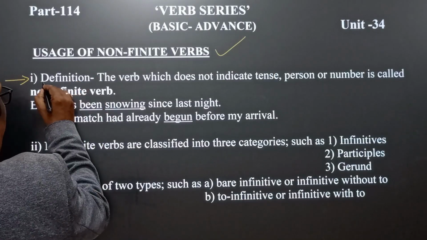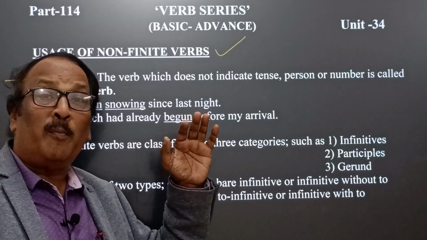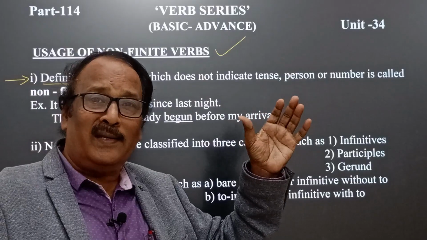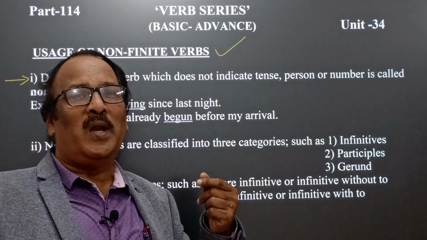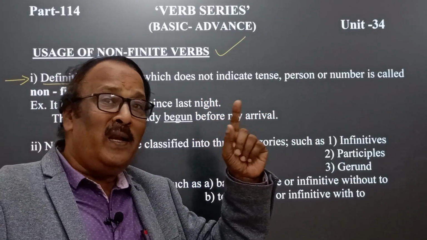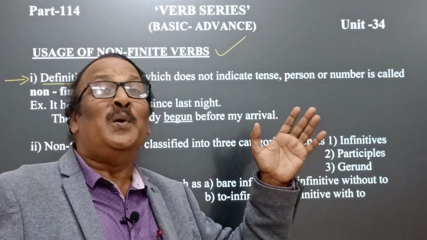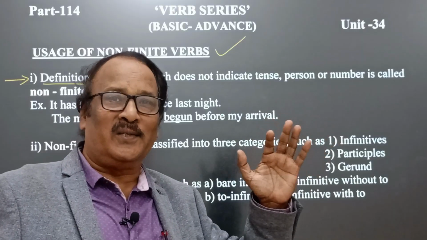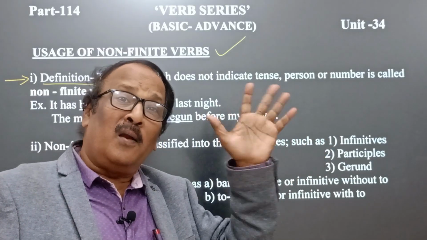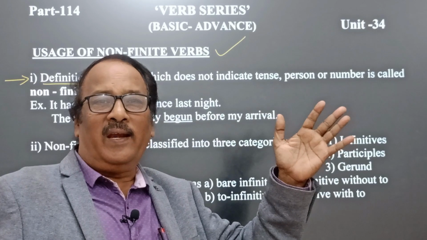Point 1, definition. As we know, from the point of view of taking tense, verbs are of two types. One is finite verb, the other is non-finite verb. Finite verbs usually take tense, but non-finite verbs don't take a tense.